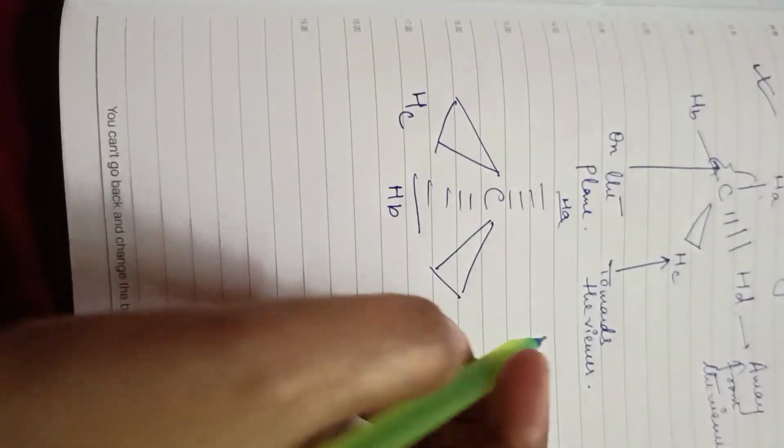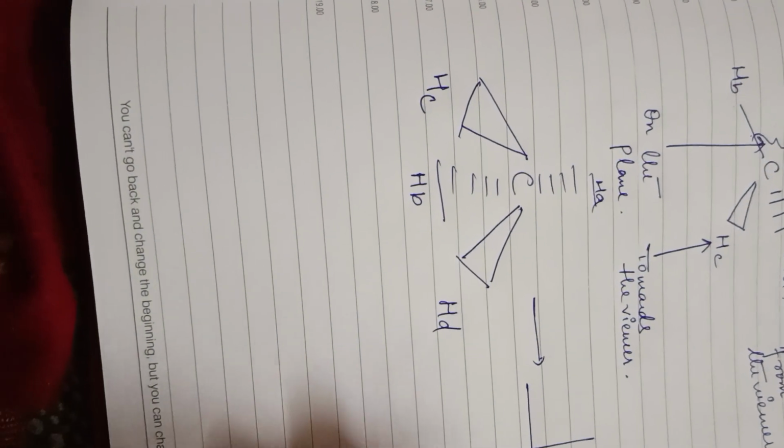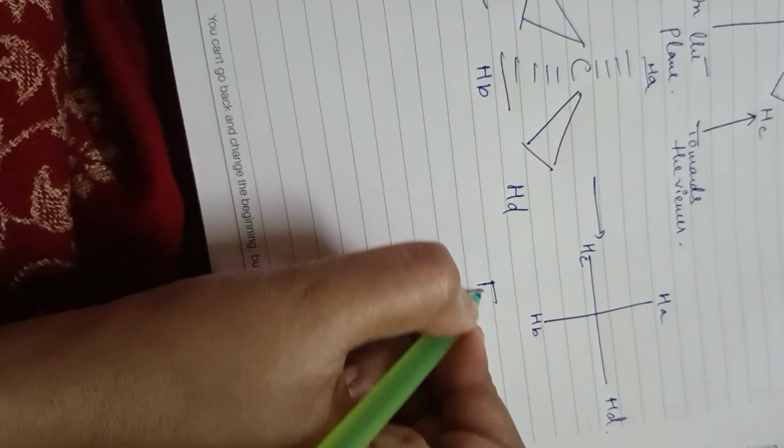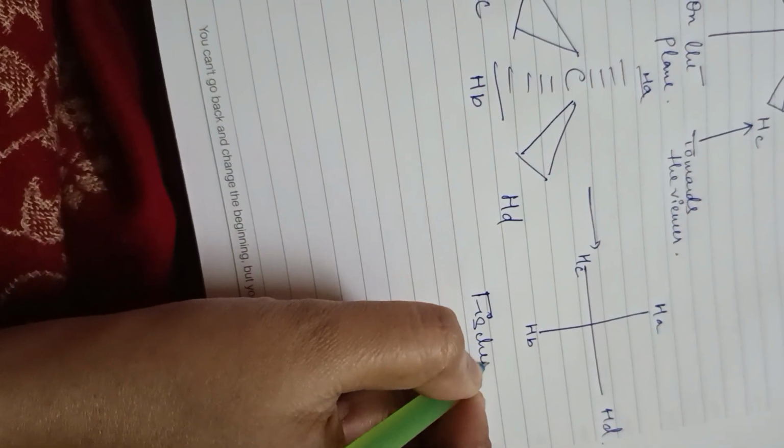So in Fischer's projection you can write like this: HA, HB, HC, and HD. So this is your Fischer's projection.